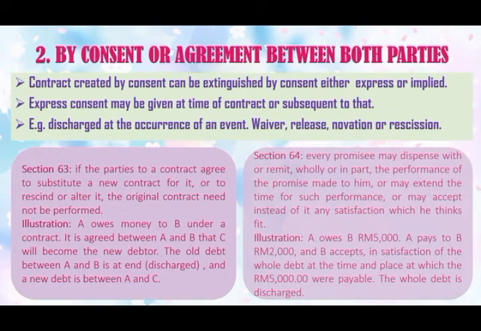And in the illustration, A owes B 5,000 ringgit, A pays to B 2,000 ringgit, and B accepts it in satisfaction of the whole debt at the time and place at which the 5,000 were payable. The whole debt is discharged.